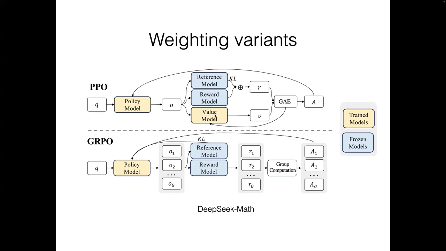Also, sometimes in practice, it's difficult to learn a really good value model. So it's not clear how or whether it's contributing to training. So you can see here that they get rid of this value model, and then they just do this group computation. And so again, if you're ever reading through these papers, I hope that now you have at least some familiarity with these different things that are coming up.